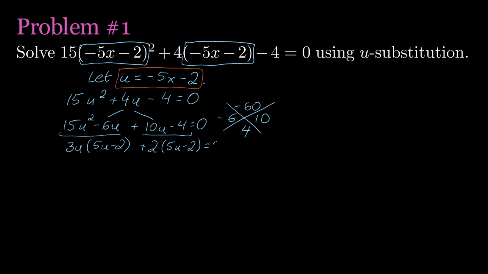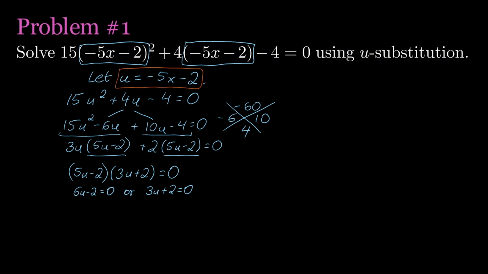Still equals 0, and now a common factor of 5u minus 2 is factored out, leaving us with the factor of 3u plus 2 equals 0, and we are now ready to use the zero factor property. It's either 5u minus 2 equals 0 or 3u plus 2 equals 0.